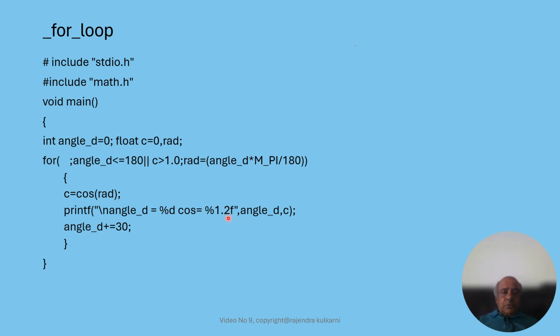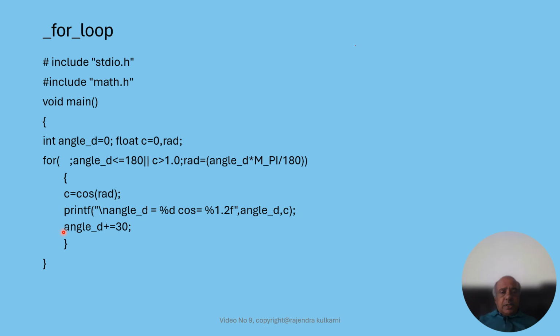So point 2 tells the compiler to display the value of the float variable up to the second decimal point only, up to the second place after the decimal point.